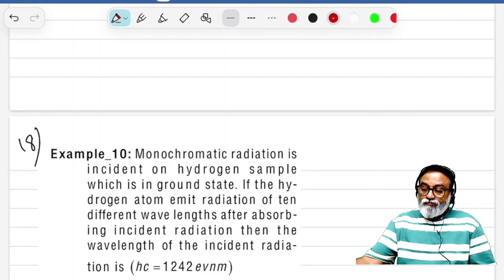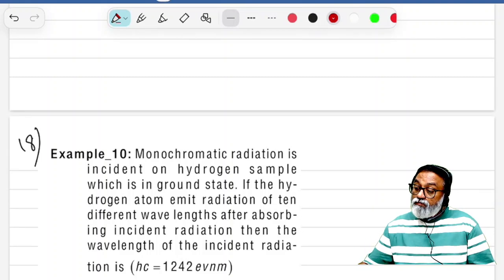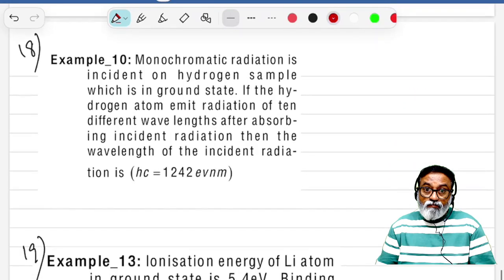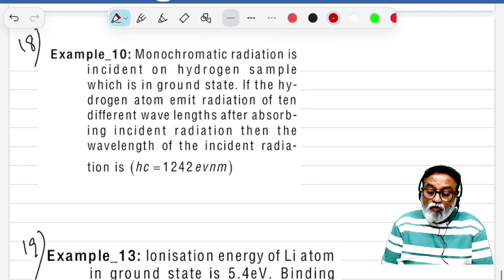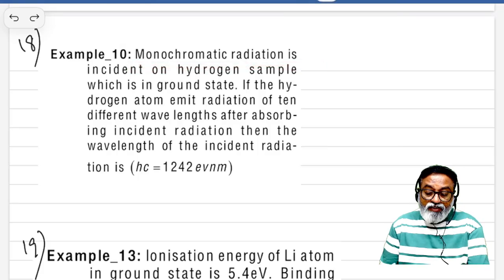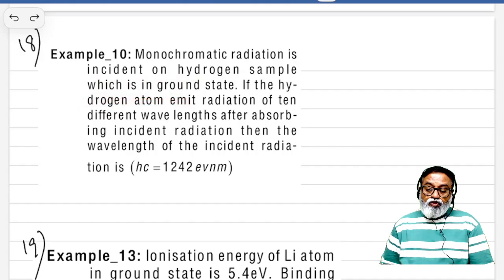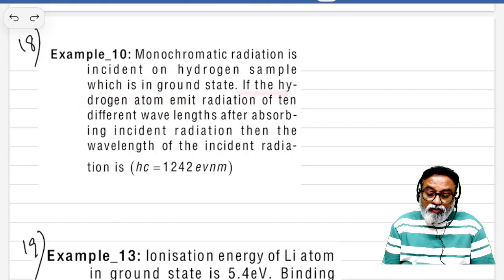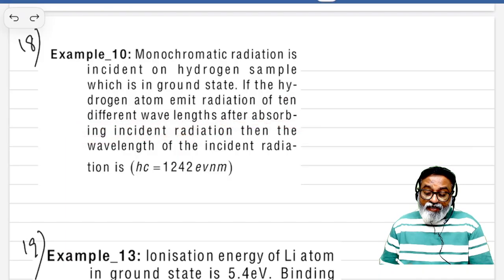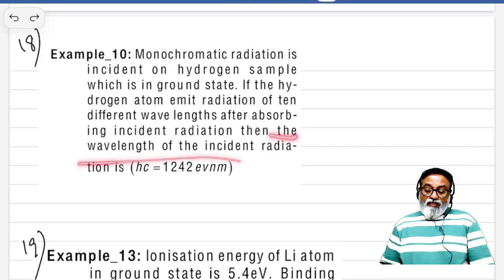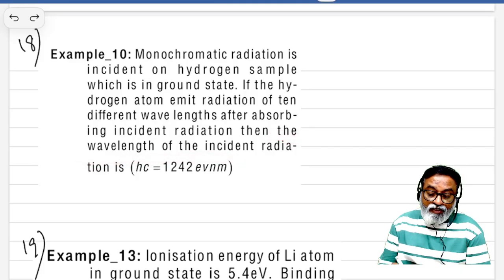Next one. Monochromatic radiation is incident on a hydrogen sample which is in ground state. If the hydrogen atom emits radiation of 10 different wavelengths after absorbing incident radiation, then the wavelength of incident radiation is.